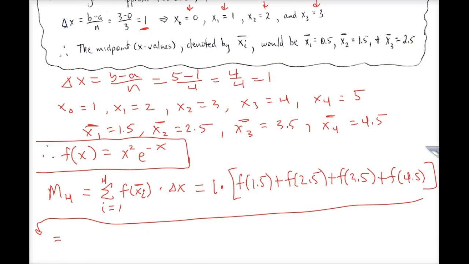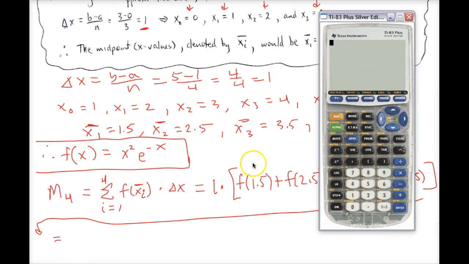Let's go ahead and calculate what these values are. Here, you see I've typed in my function, x squared times e raised to the negative x. My x values go from 1 to 5, and 0 to 7 covers that, so I'm good.